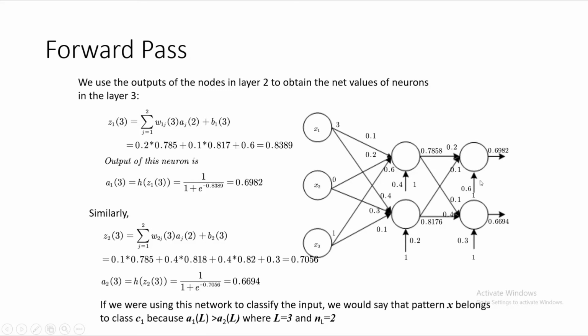The activation values at the neurons in the output layer will tell us which class this input belongs to. We compare the output values, and based on that we decide which class it belongs to. If we are using the network to classify the input, we should say that pattern X belongs to class C1, the first class, if a^L_1 is greater than a^L_2, where L is 3, the third layer, and N_L, the number of nodes in the output layer, is 2.